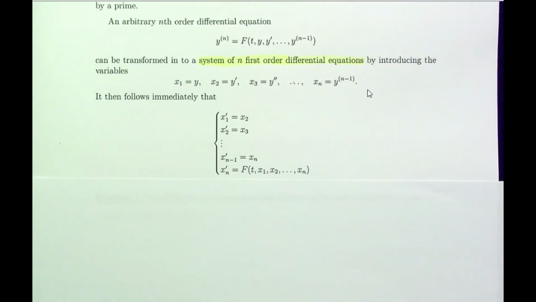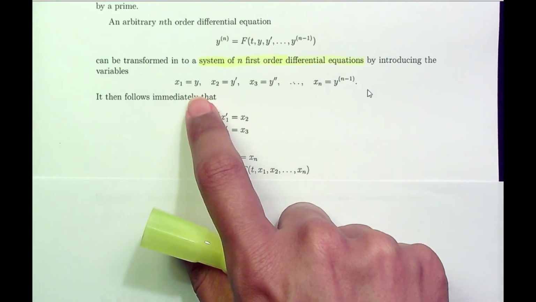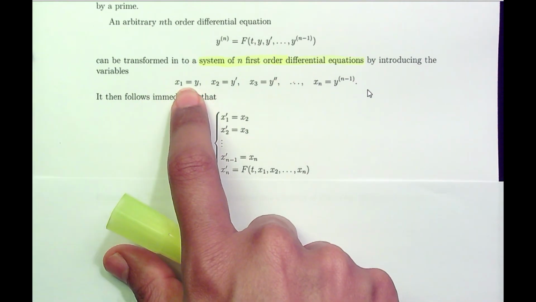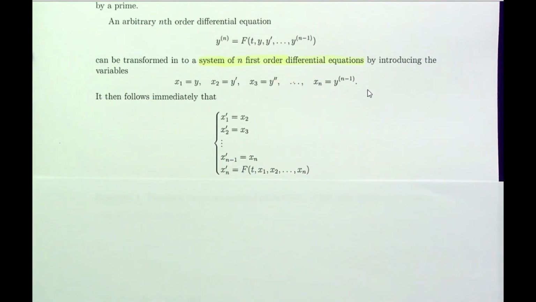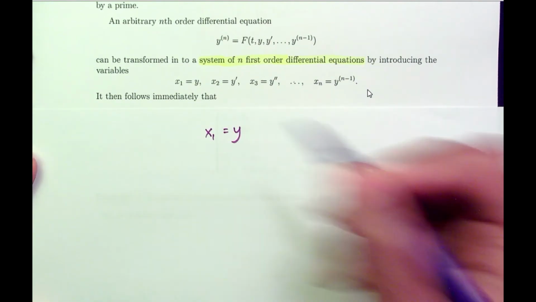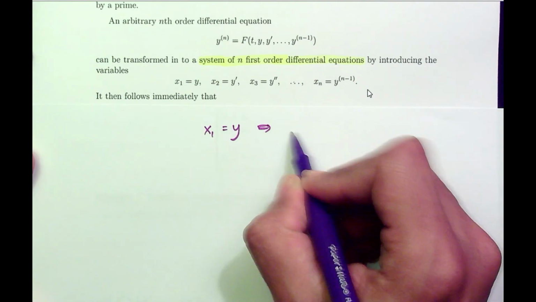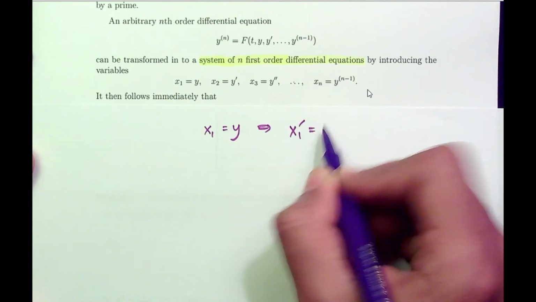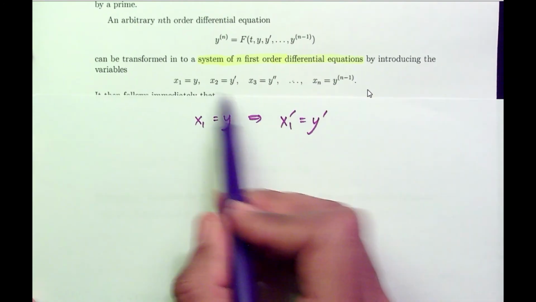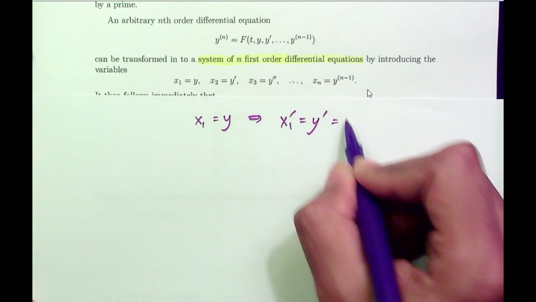So how do you do that? Well, the first equation is going to be, note that if you take this equation right here, x1 equals y, and you take the derivative on both sides, this is going to be x1 prime equals y prime, but y prime equals x2. So that means this is equal to x2.